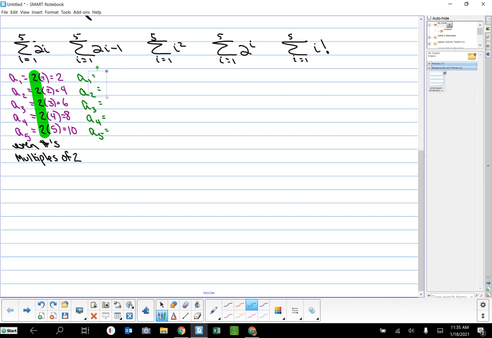So 2i when i is 1 is 2. Subtract off 1. Then 4 minus 1, 6 minus 1, 8 minus 1, 10 minus 1. And what I'm getting is 1, 3, 5, 7, and 9.